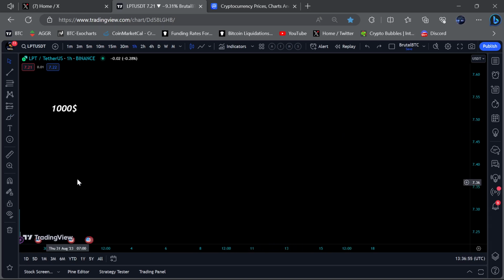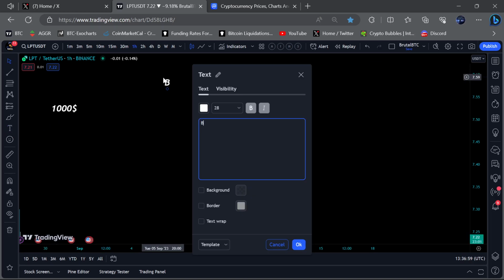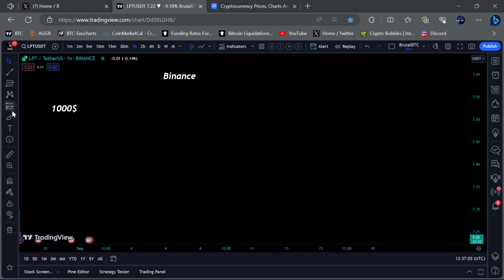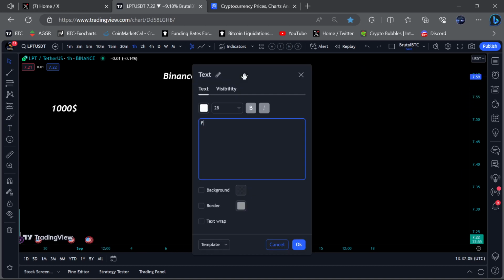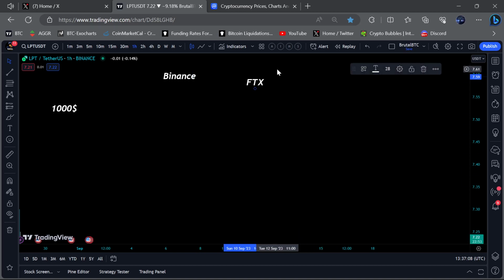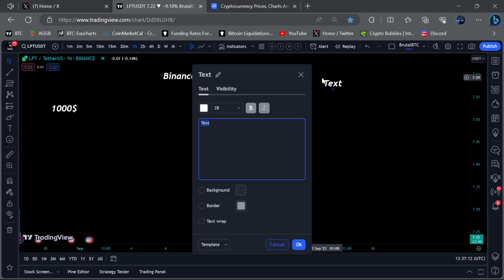Also, one more thing about diversification is that you have $1,000. So will you keep everything at Binance? I don't think so. It's a wise thing. FTX is an exchange that has already gone bankrupt, so I'm just giving it as an example.